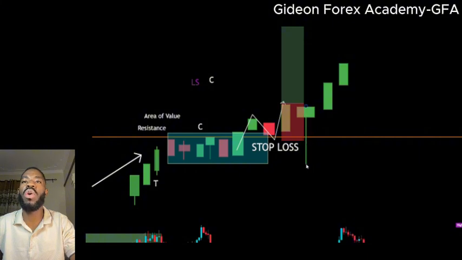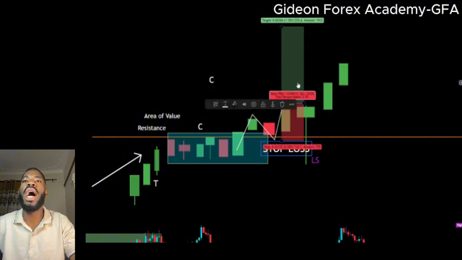You can see this long wick. It grabs liquidity, sweeps liquidity right here. That is our LS. So this is a liquidity sweep. It takes out the stop losses, gathers momentum, and moves aggressively in the opposite direction.